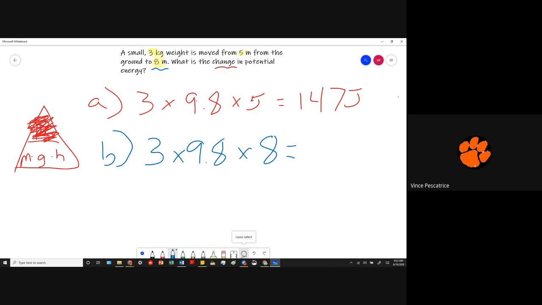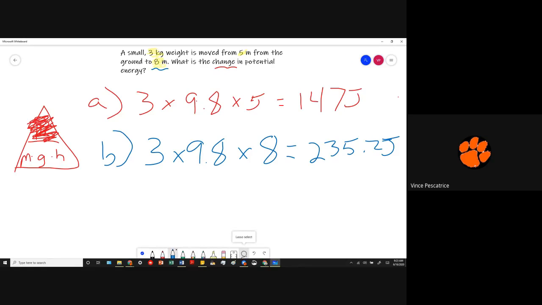So there's your formula: 3 times 9.8 times 8. And that gives me 235.2 joules.